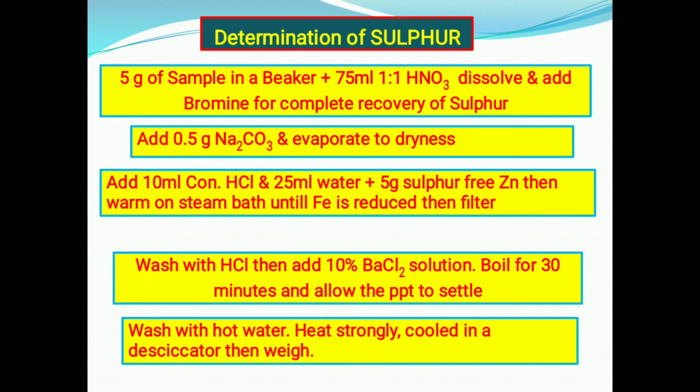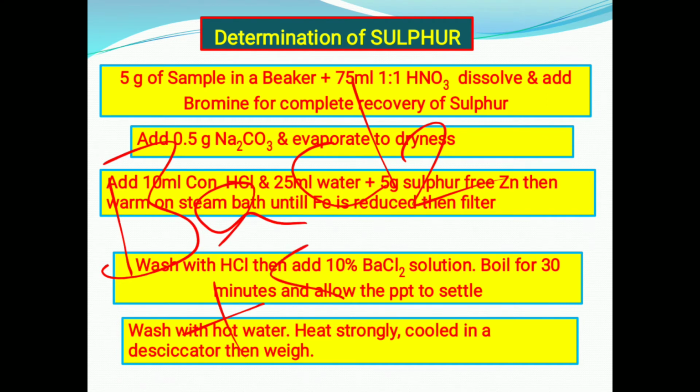Then after that you need to wash with HCl and then add barium chloride solution. If you add barium chloride solution, what happens? This barium chloride combines with the sulfate ion which is formed to produce the precipitate called barium sulfate.